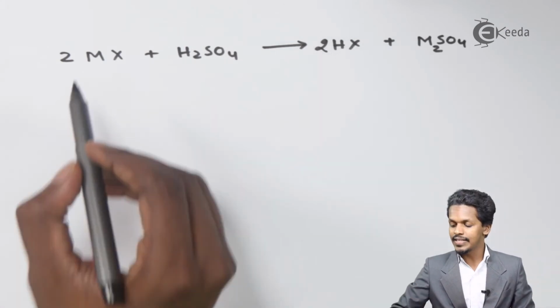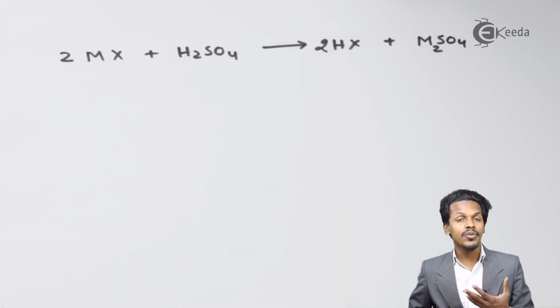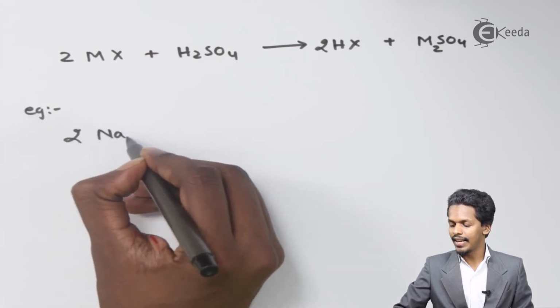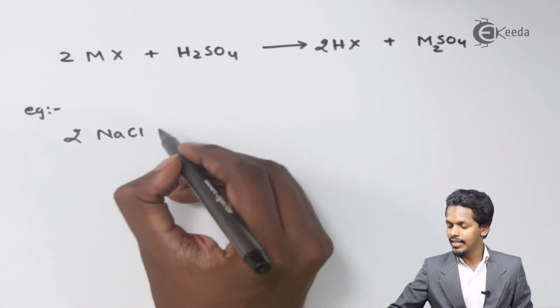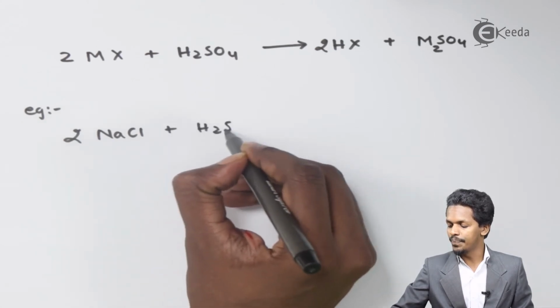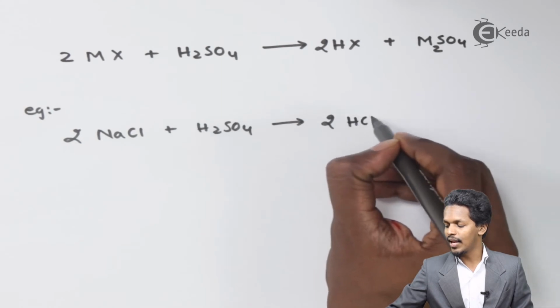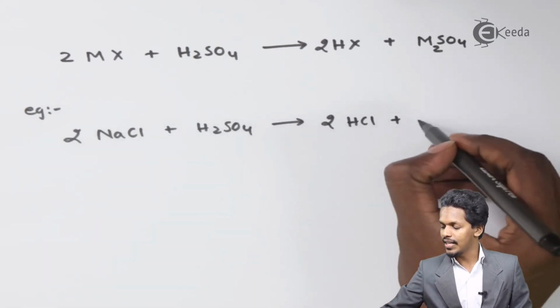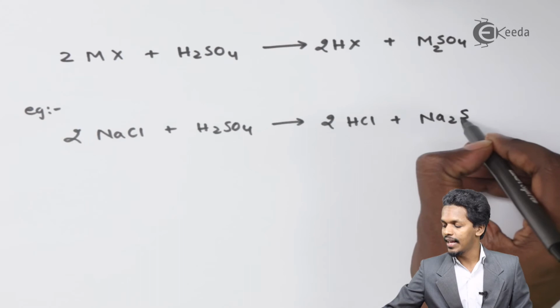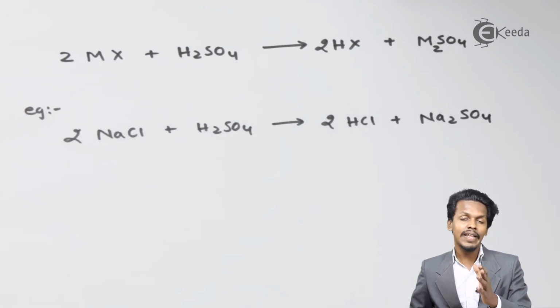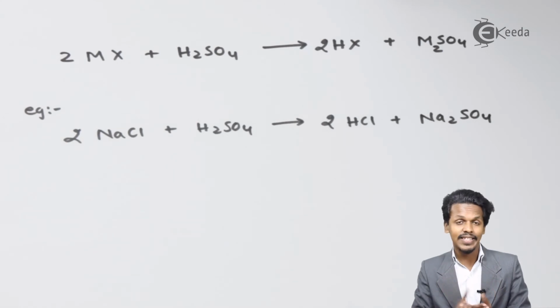For example, suppose I introduce 2 moles of NaCl, where Na is a metal and Cl is the non-metal X, and it is treated with H2SO4. The product we get is 2 moles of HCl along with Na2SO4, that is sodium sulfate. The HCl that has been produced is volatile in nature as well as an acid.